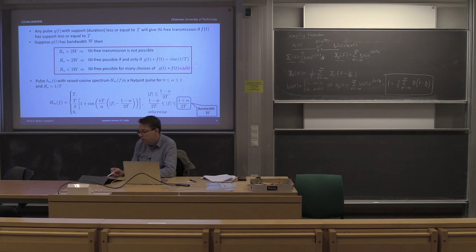And this will be a Nyquist pulse for all alphas in this range. We pick an alpha, so it's a design parameter, and then it has this expression. The important thing is that it has a certain bandwidth, which is controlled by alpha. So 1 plus alpha over 2T is the bandwidth of this signal. Okay, so we did that last time.